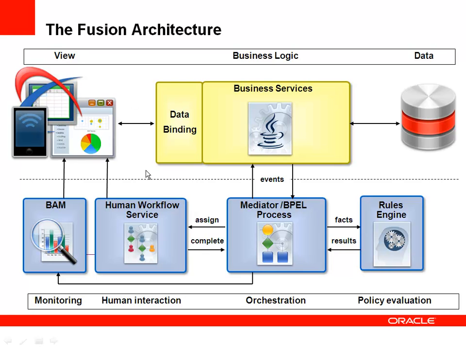The lower part of the slide represents our SOA suite. Over here, the core functionality comes from the mediator, which runs business processes. It uses the BPEL language, and it allows you to create flows of various business processes invoking various services from various locations. Some of those flows might depend on rules.